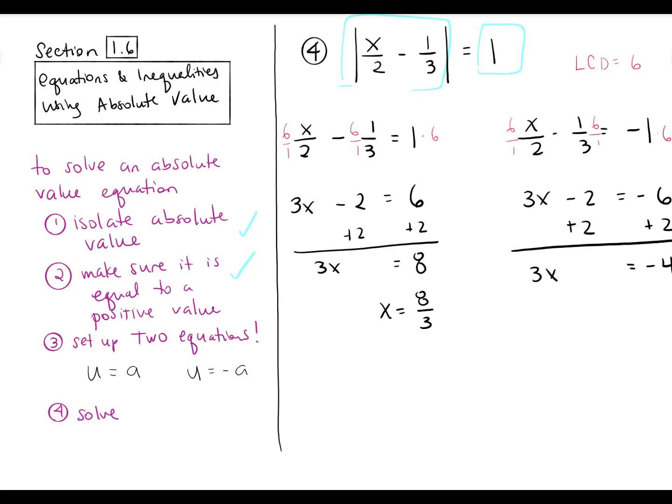I'm going to divide by 3 and get negative 4/3. Now, really what we should be doing at the bottom of each of these equations is checking to make sure it's valid. So please check, plug these in, see if it works. Like I said, I'm going to leave all the checks up to you.